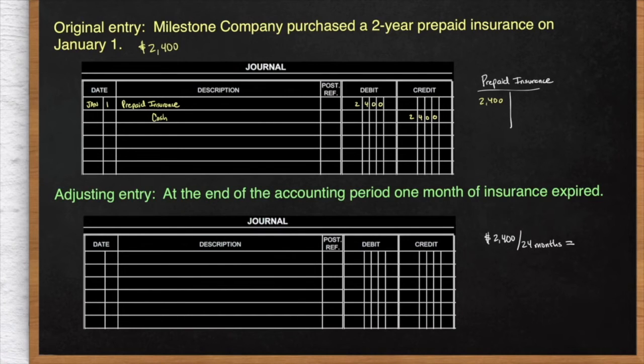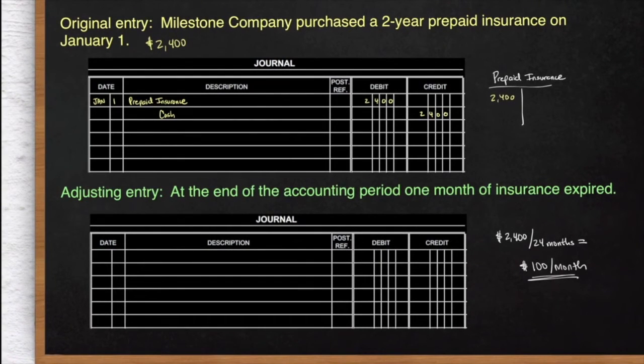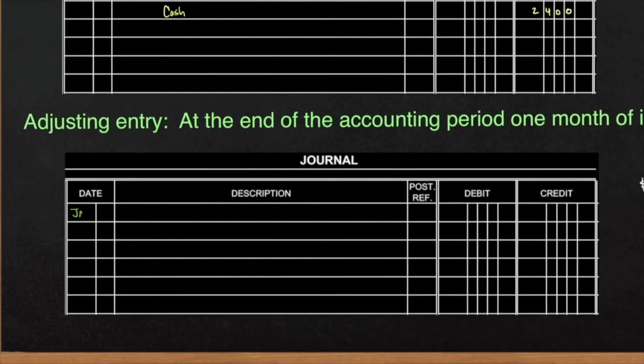So what you want to do is create a calculation first of how much of the insurance expired. Well, it was worth $2,400. 2 years is 24 months, so $2,400 divided by 24 months is insurance worth $100 per month. That's important because the worth of insurance for 1 month is what you're going to adjust the prepaid insurance account for.